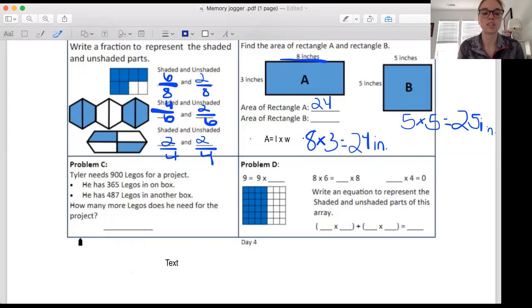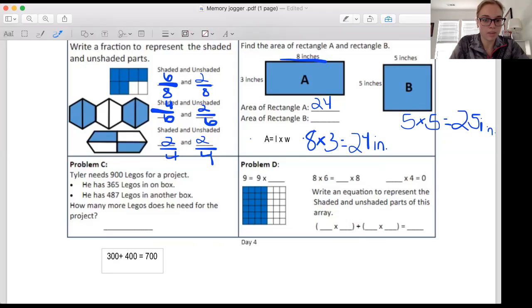And he has 365 Legos in a box, and he has 487 Legos in another box. So the first thing that I need to do is add. I'm going to do my hundreds first. So I have 300 plus 400, which is going to give me a total of 700.